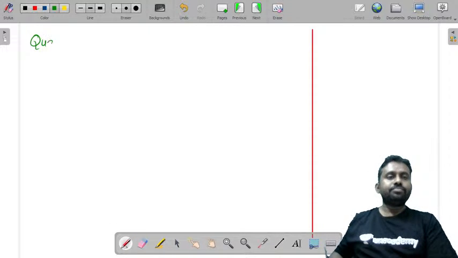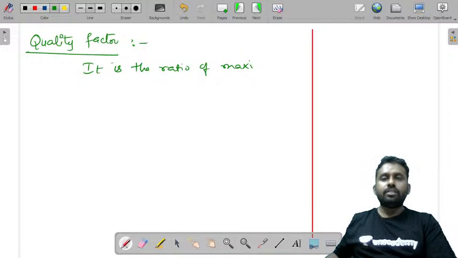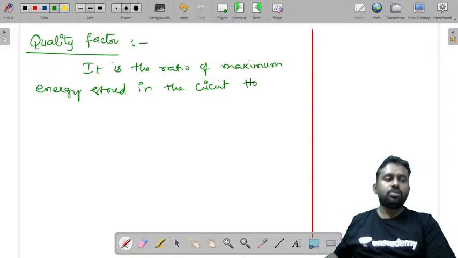Quality factor is the ratio of the maximum energy stored in the circuit to power dissipation per cycle.